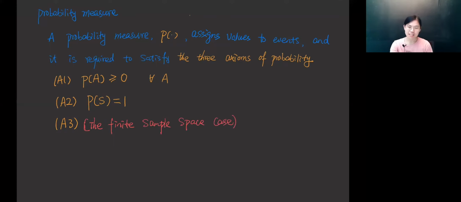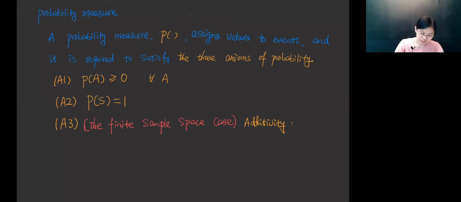In this finite sample space case, the third axiom is additivity. What does it mean?